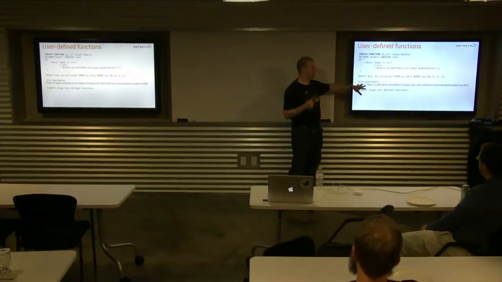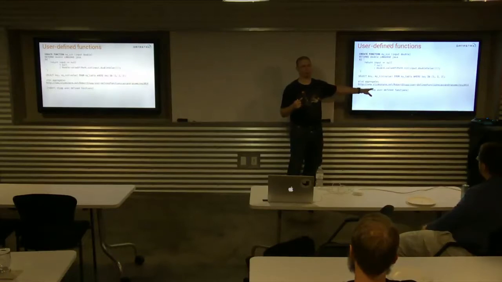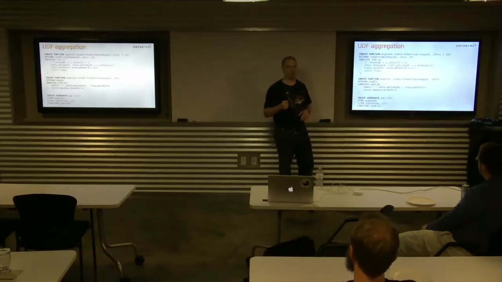If you want more details on the implementation, Robert Stupp wrote the code, and he's got a presentation from Cassandra EU a couple months ago. So if you Google Robert Stupp user-defined functions, you'll come up to his presentation here. Super briefly though, here's a more complicated example because we allow you to define aggregate functions as well as simple scalar functions.